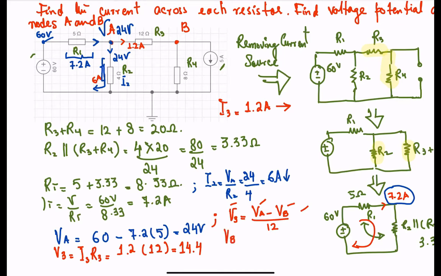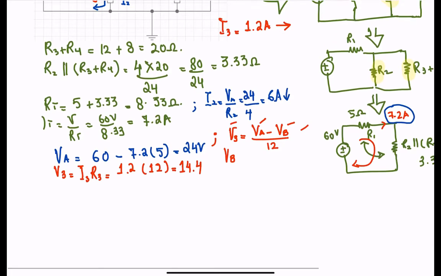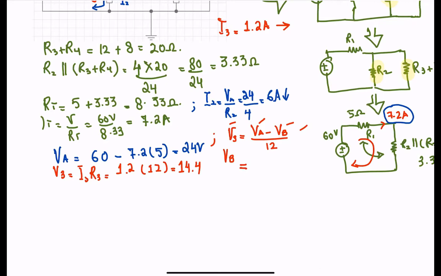Now, coming back to this equation right here, now I know V3, so I'm looking to find VB. Remember, this is going to be I3, so I3 equals VA minus VB over 12, correct?